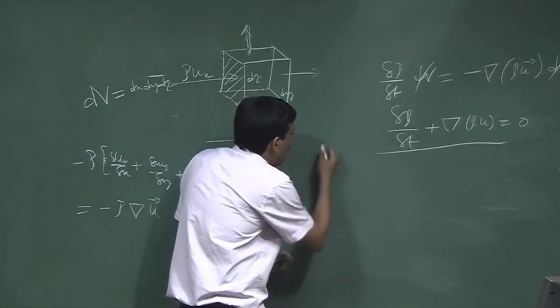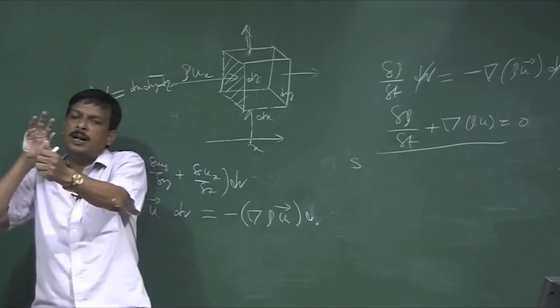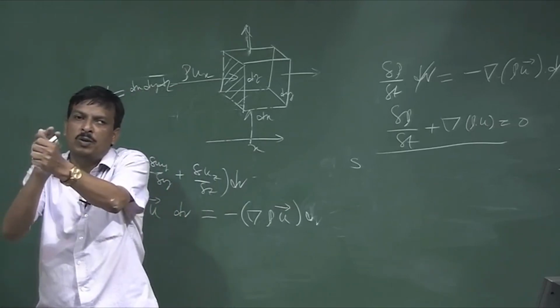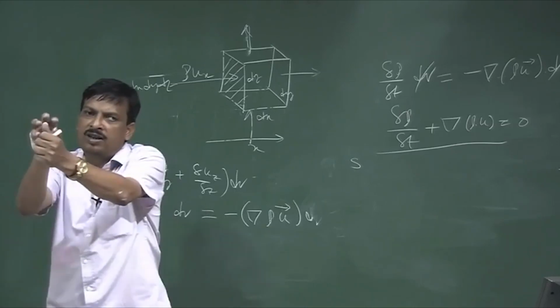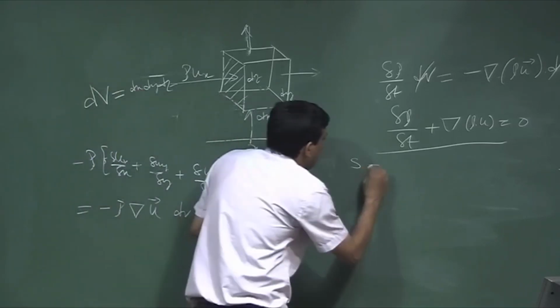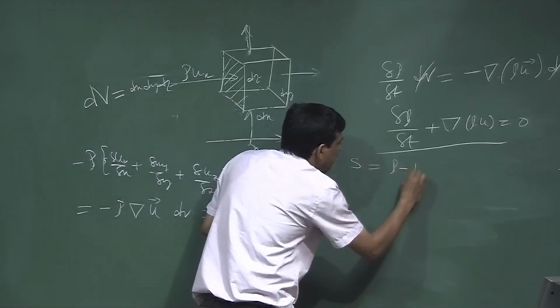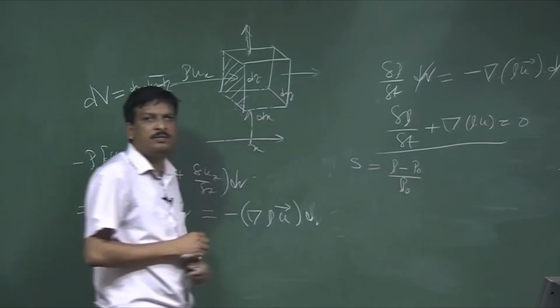So, I know one quantity is called condensation. If I apply an acoustic force, some particles will be condensed at one point and then relaxed, then condensed, then relaxed. So, this condensation S is nothing but the total density minus the equilibrium density, divided by the equilibrium density.